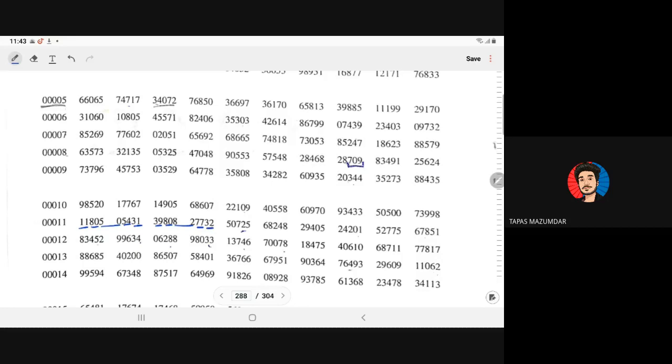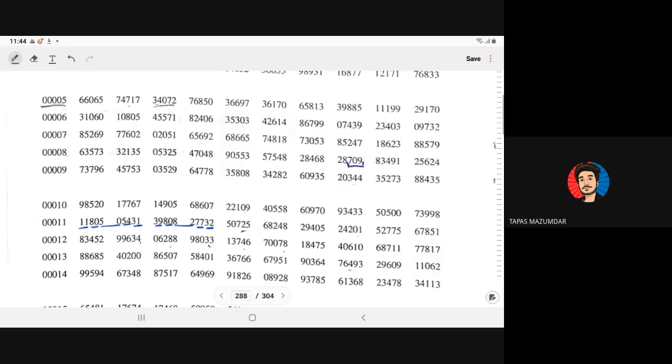Arbitrarily, we have to choose any row, any column. In the open book exam, we will specify the row and page to take the random number from. The main characteristic in choosing the number: never repeat any number, never skip any number. Take the numbers continuously.